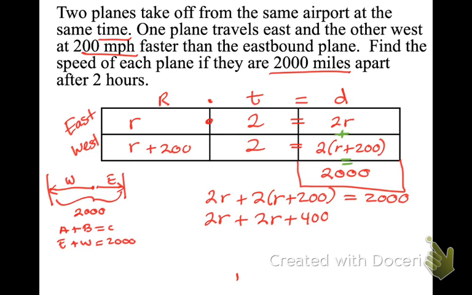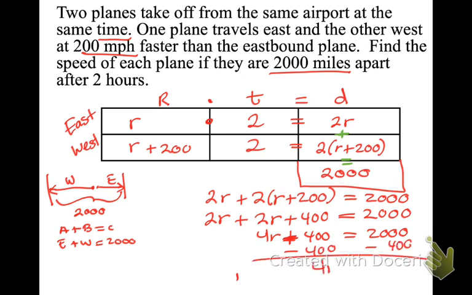I'm having a lot of people forgetting that, a lot of people with issues with their negatives. And then we have 4R plus 400 equals 2,000. Subtract 400, and we get 4R equals 1,600. And R is equal to 400.